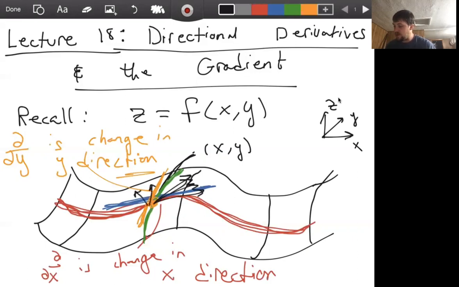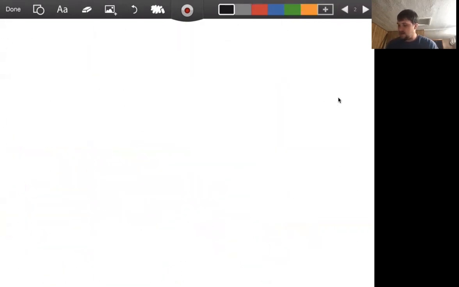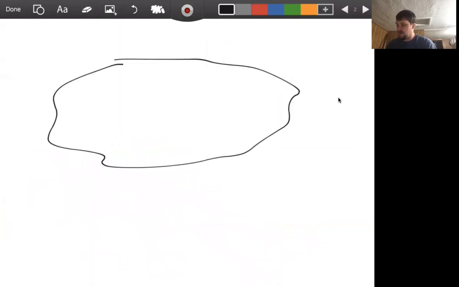Like, what if we wanted to look at, so let's say here we have some surface, right? And we want to look how this is changing at, say, like a pi over 4 angle from the positive x-axis.